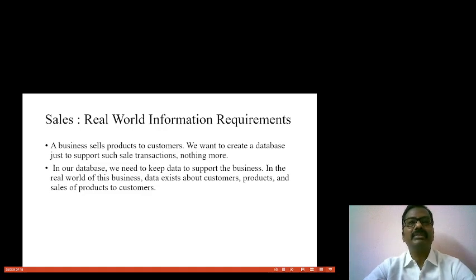What are the discounts, what are the offers that you are offering? Likewise, all the details and business processes should be taken as part of the requirements.